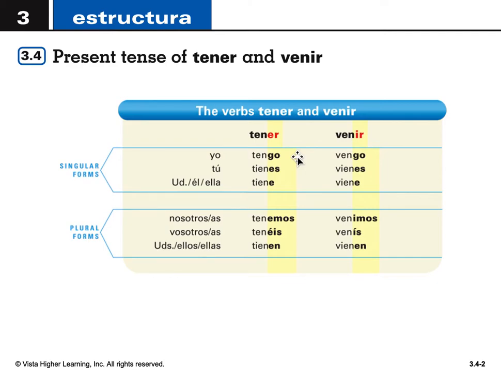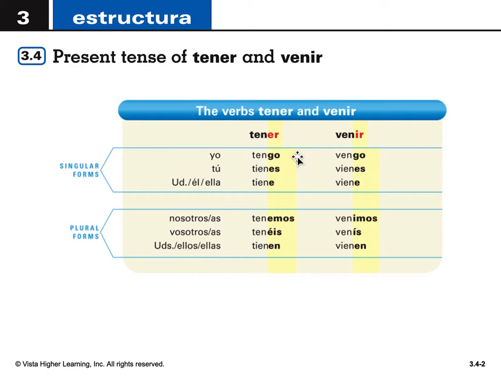So the yo form of tener, so to say I have, it's yo tengo. This should sound familiar from Lección Uno when we were talking about how old we are. In Spanish, you express how many years you have, whereas in English, we say how many years we are old, but it works just slightly different in Spanish. Tú, the tú form is tienes.